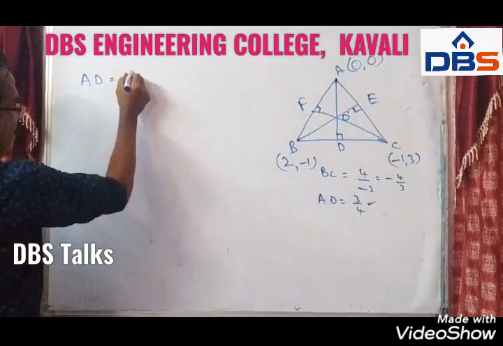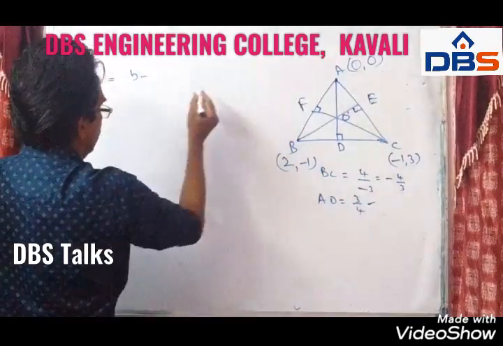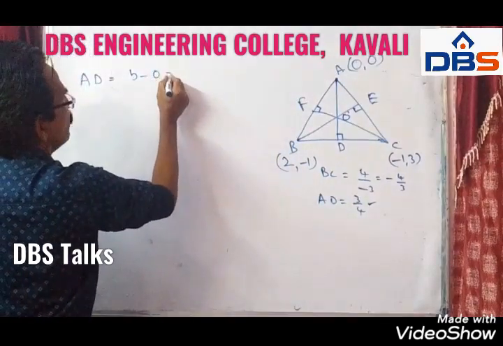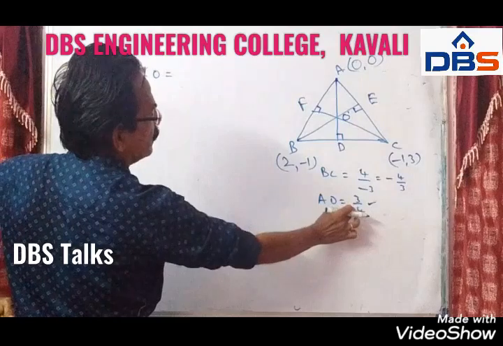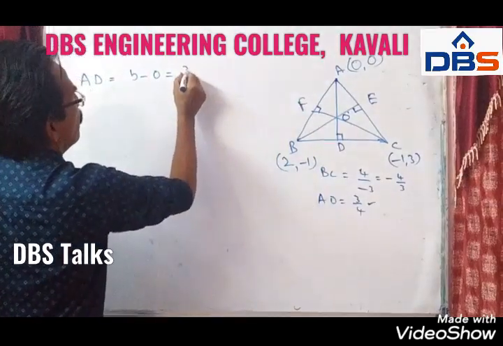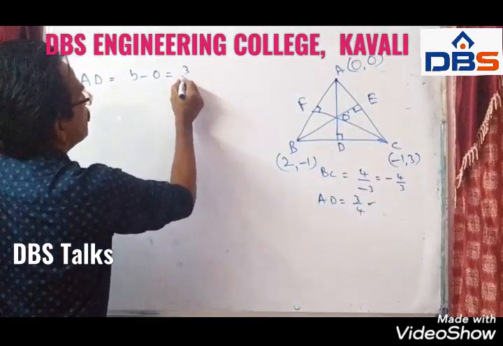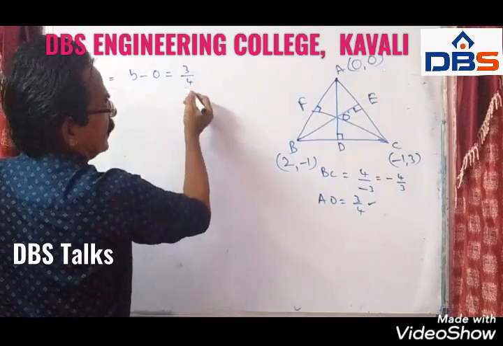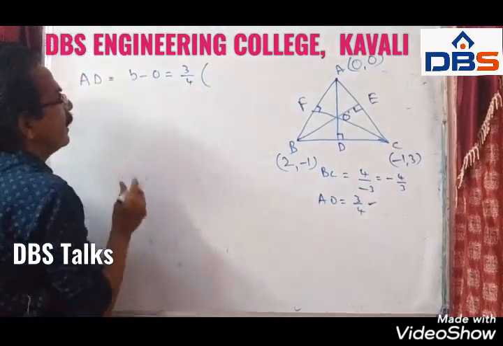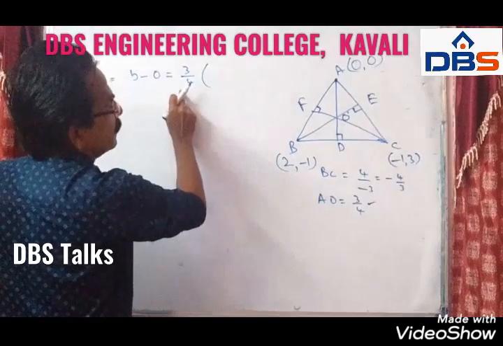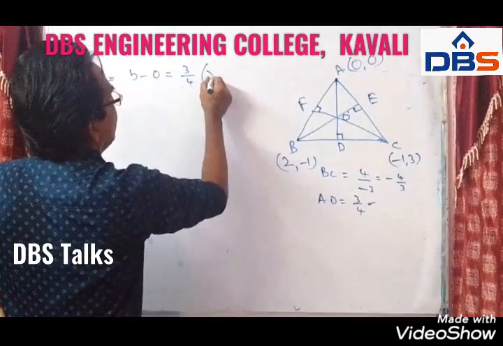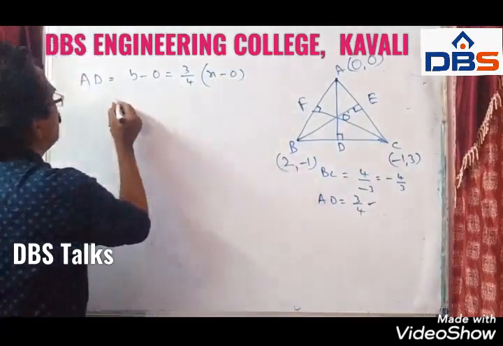AD equation: y minus y1 is equal to m into x minus x1, with m equal to 3 by 4. X minus x1 is x minus 0.